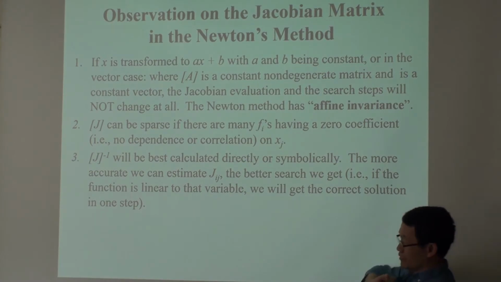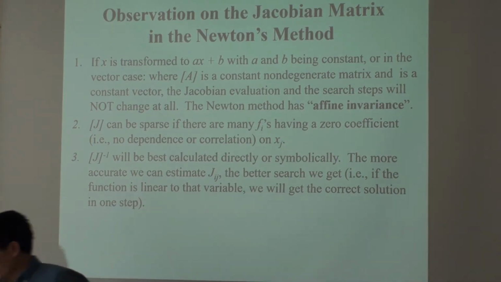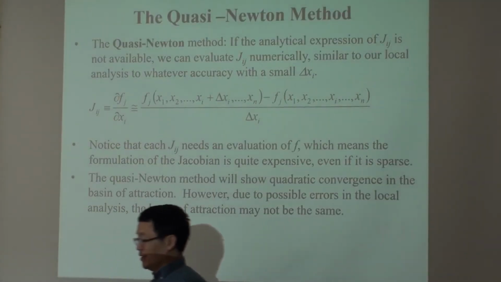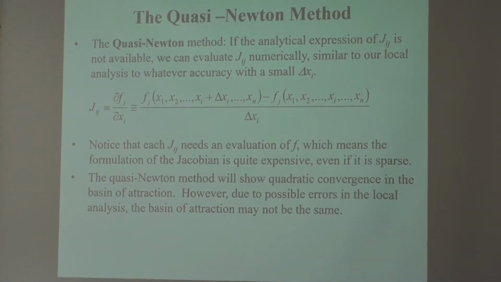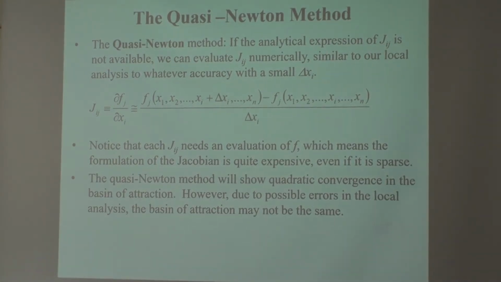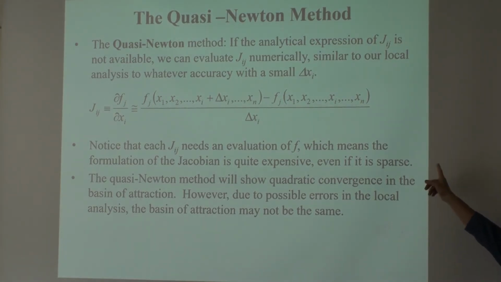If not, then we have to do something else. So this is a quasi-Newton method. I estimate the Jacobian matrix elements, instead of from closed form, but use a local analysis to numerically get my Jacobian elements.